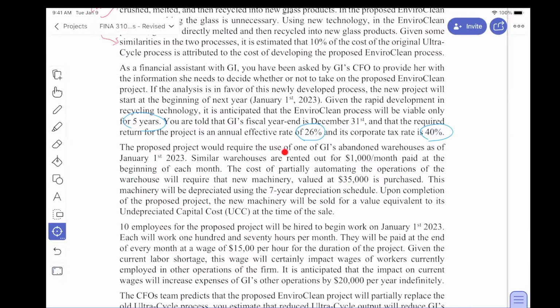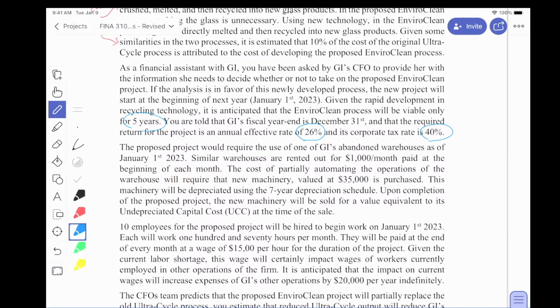The proposed project would require the use of one of GI's abandoned warehouses as of January 1st, 2023. Similar warehouses are rented out for $1,000 per month, paid at the beginning of each month. Does this go into our analysis? Yes, this is an opportunity cost, right? If we have a warehouse, they're rented out, but we're not going to rent it, we're just going to use it for ourselves.